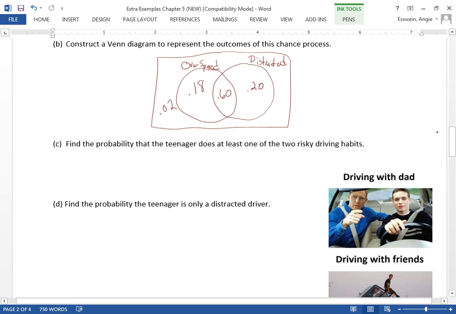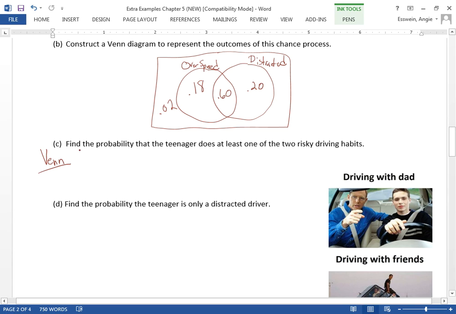So let's do the first one using our Venn diagram. Using the power of the Venn, we want to know the probability a teenager does at least one of the two risky driving habits. So what do we add up? Would you just say what you don't have?